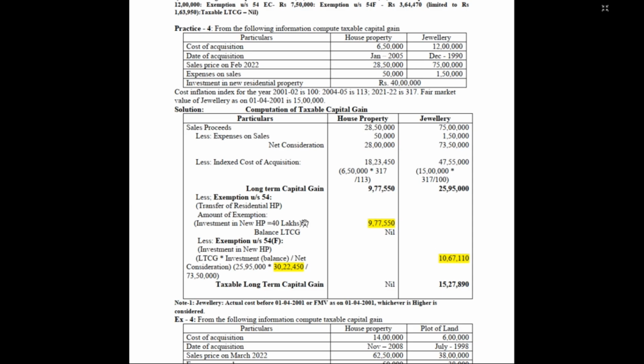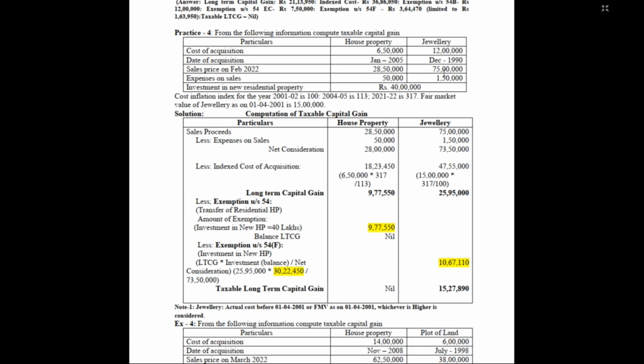Amount of exemption is equal to long-term capital gain or actual investment 40 lakh, whichever is lower. So that 40 lakhs is limited to only 9,77,550. So the balance taxable long-term capital gain for the house property will be 0. Out of 40 lakhs, 9,77,550 only we applied when claiming exemption under section 54. So balance 30 lakh 22,450 we can apply when claiming exemption under section 54F with jewelry.